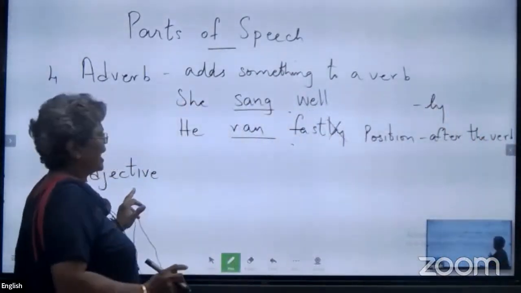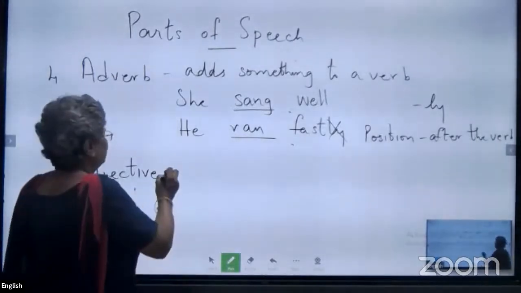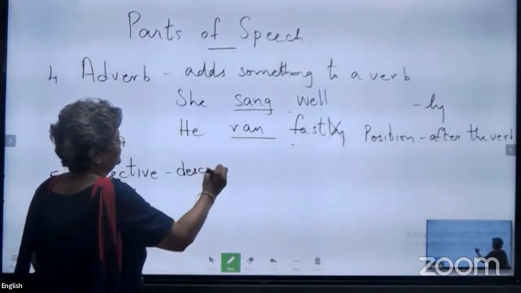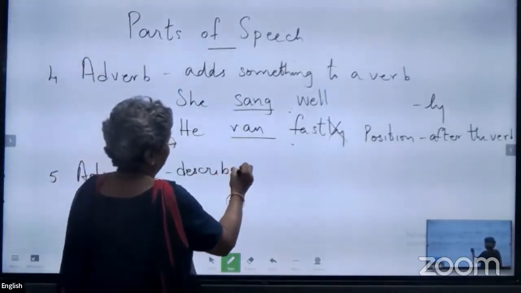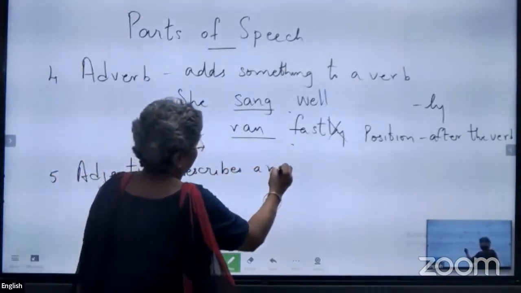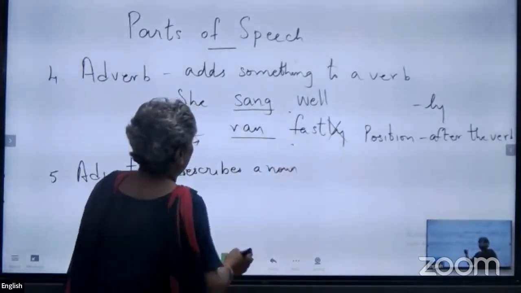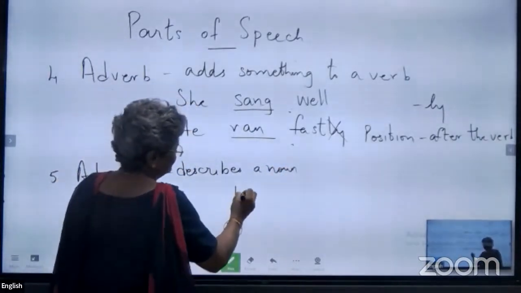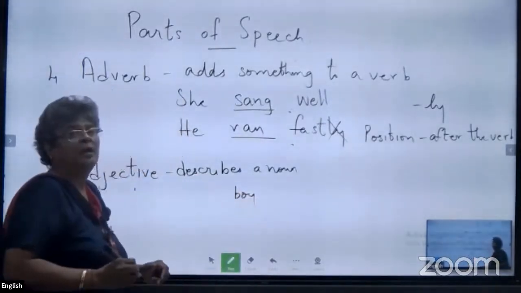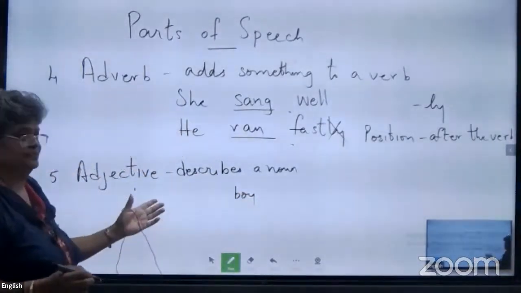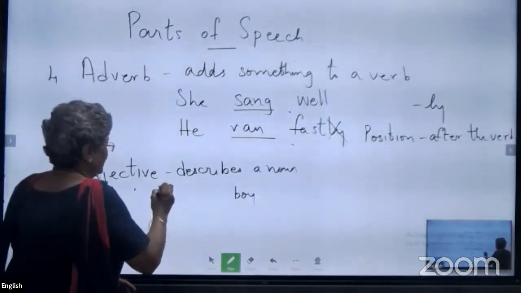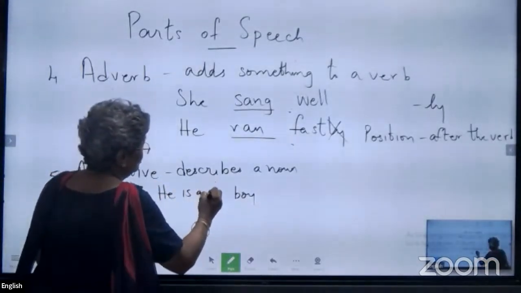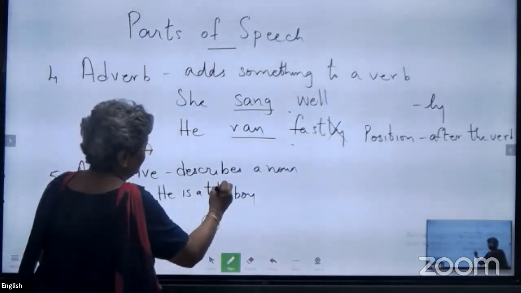Now coming to adjective, it describes a noun. Like take for example, boy. Boy is a noun. He is a tall boy.